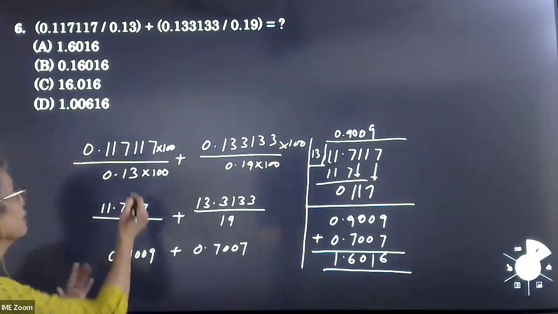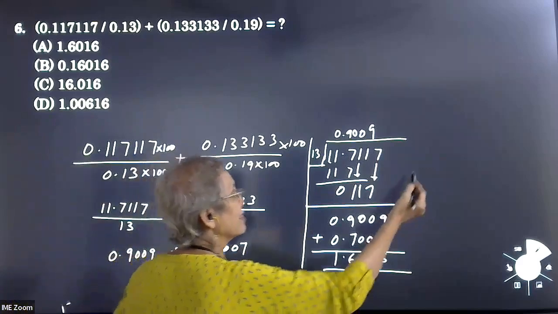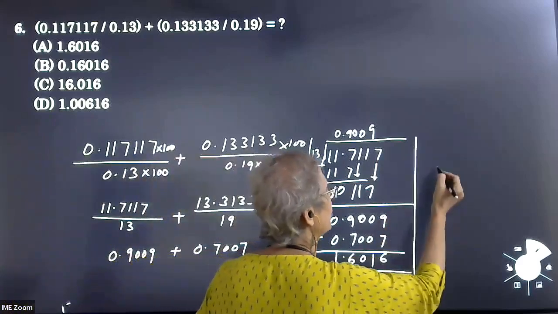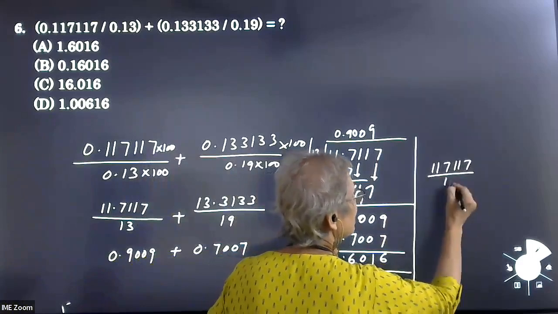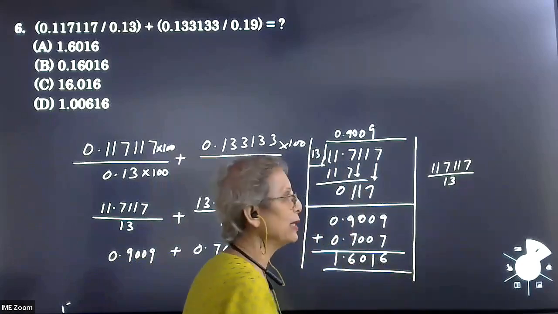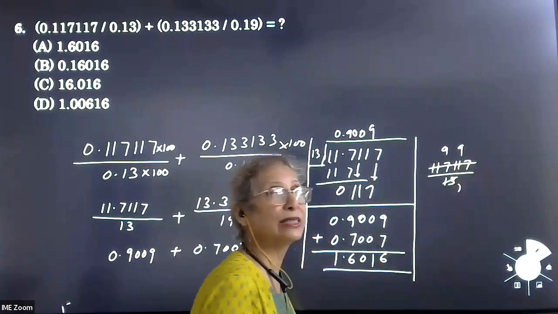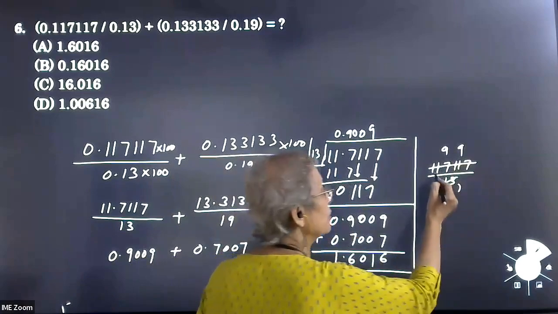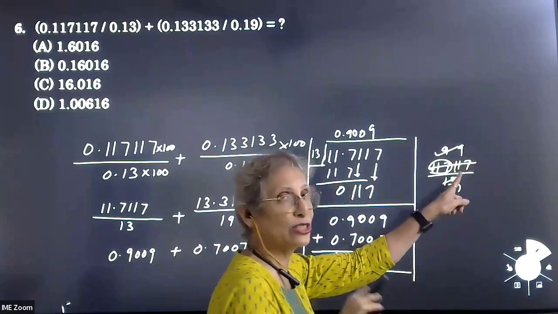Otherwise, sometimes what happens, you will write 99. For example, this is just I'm showing you how you make mistake. 117 divided by 13. Many times what happens? Yes, 13 ones are, 9s are and 9s are. But no, it is not. First you do 9s are, that is okay. But afterwards you bring down 1, which is not divisible.